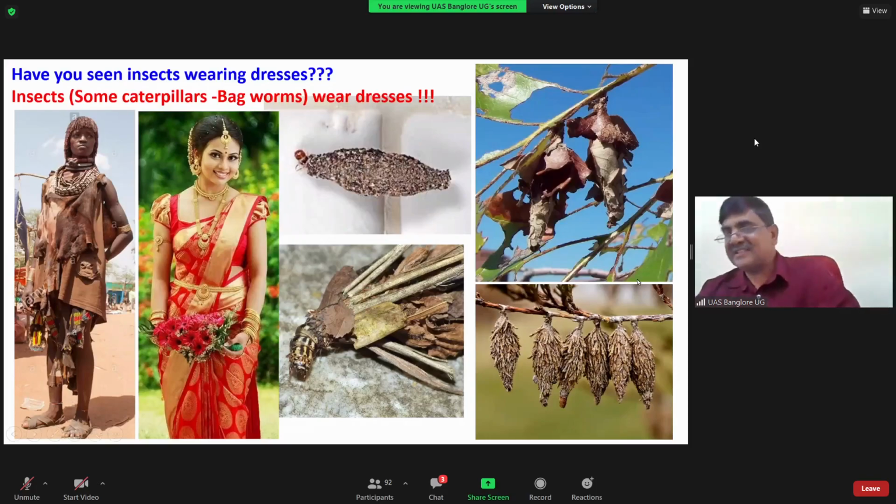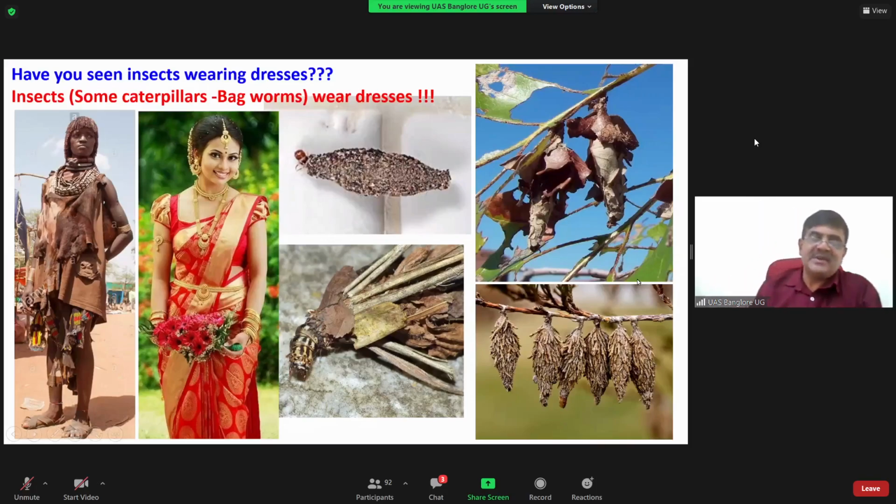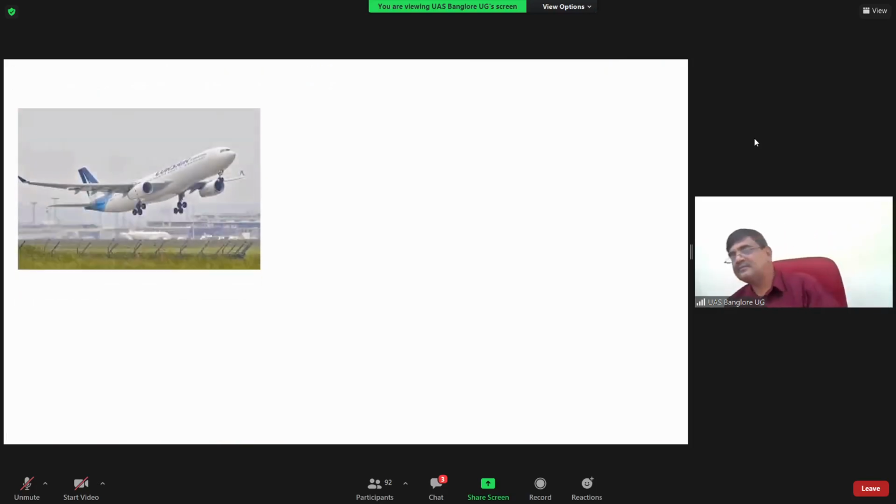And in the next diagram, you can see the caterpillars peeping out at the bottom. They have covered their body using whatever pine leaves are present. That means we don't only wear dresses, insects also wear dresses.